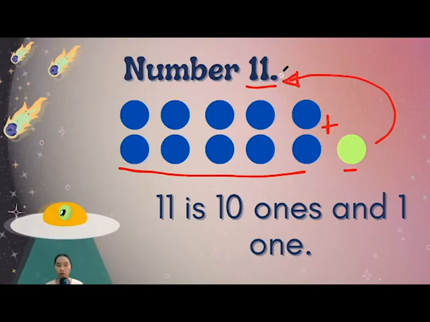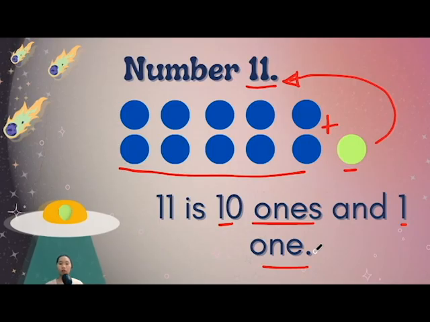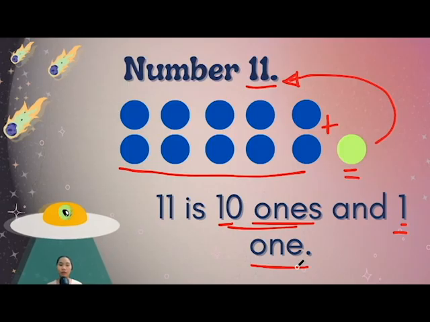So make sure to remember 11 is 10 ones and 1 one. Okay? If we just think of it as 1, 2, 3, 4, 5, 6, just a bunch of ones, it is a group of 10 ones plus 1 one. Okay, it sounds a bit weird, 1 one, but bear with me now.